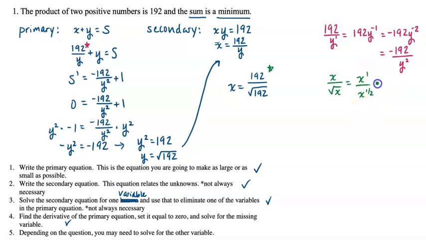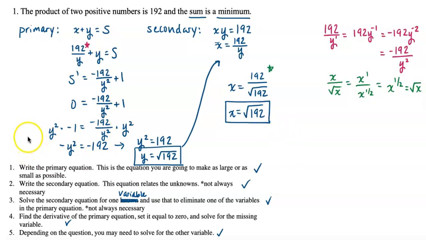And when we divide like bases, we subtract the exponents, and we're just left with x to the power of positive 1/2, which we know is the square root of x, which brings us to the conclusion that x is equal to just the square root of 192. And we just want these two positive numbers. So y and x are equal to the square root of 192.